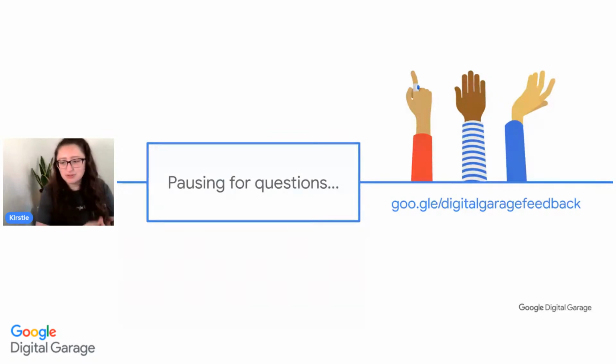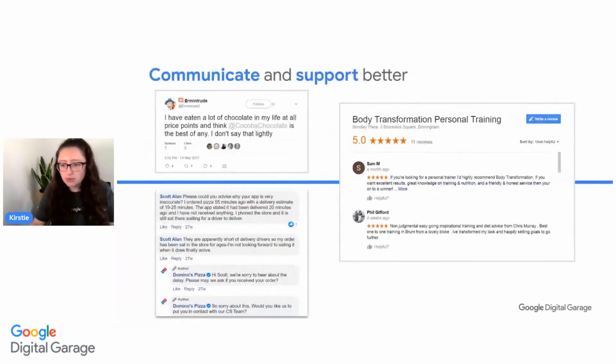I was pausing for questions on this next point, but while you kind of collect your thoughts and we sort of get together again, we paused on this slide here. So we were talking about how we start to get our audience communicating and supporting them better.